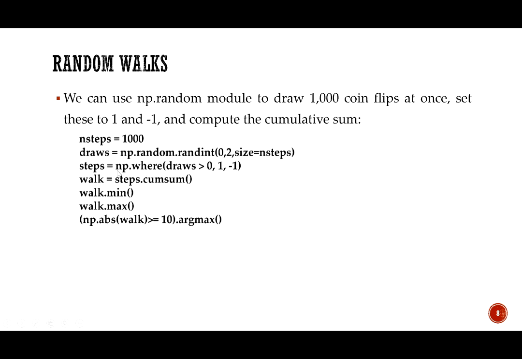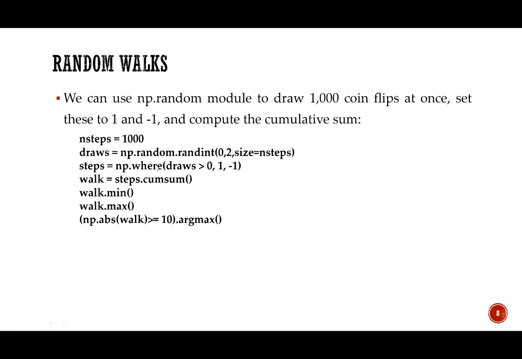So step is equal to np.where. This is the first time we are using where on an array. So np.where if draws is greater than 0, then step is equal to 1. Otherwise, it's equal to -1.